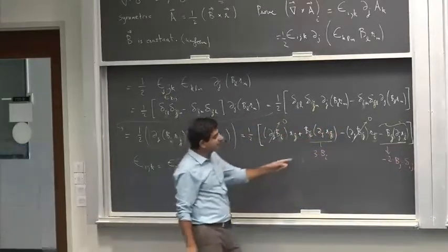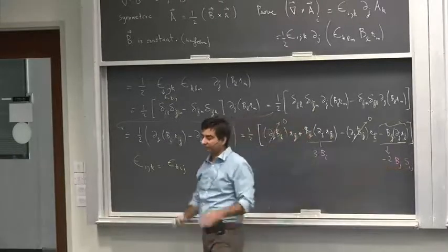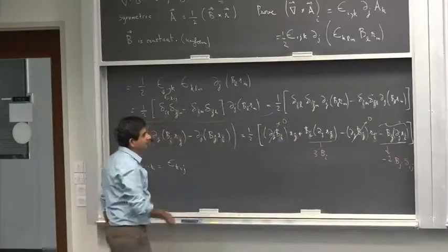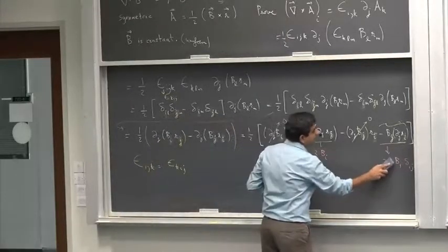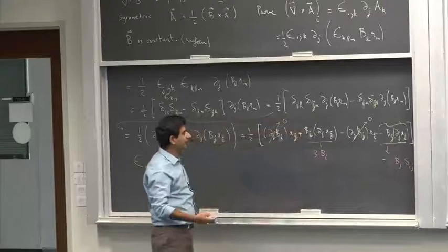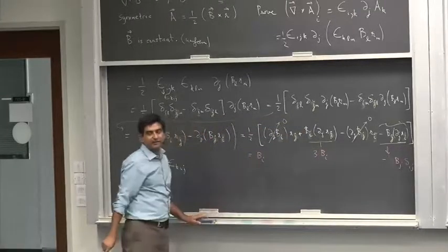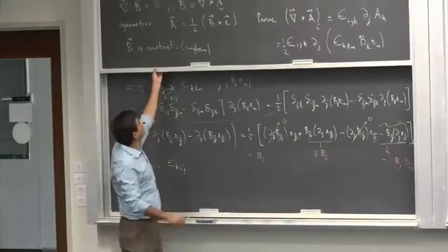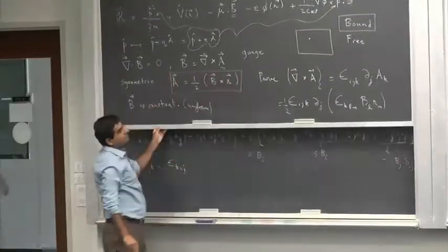So this is really 3b_i, j must equal i, 3b_i minus b_i, which is 2b_i, divided by 2, this gives us b_i, which is the desired result. Hence, this choice of gauge is a legitimate choice.